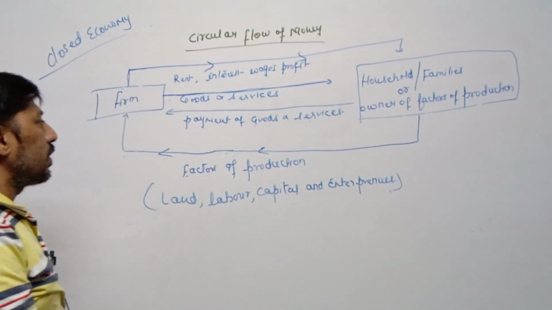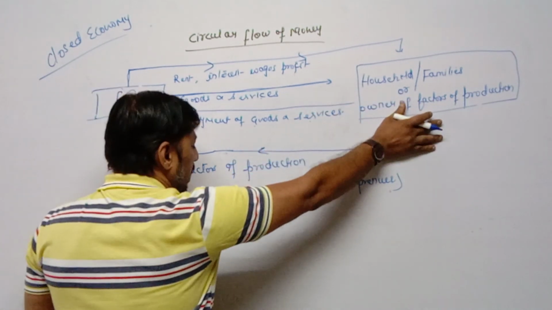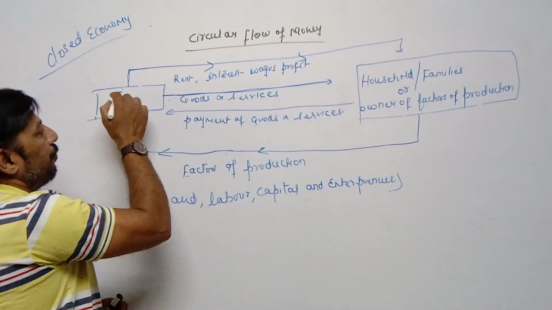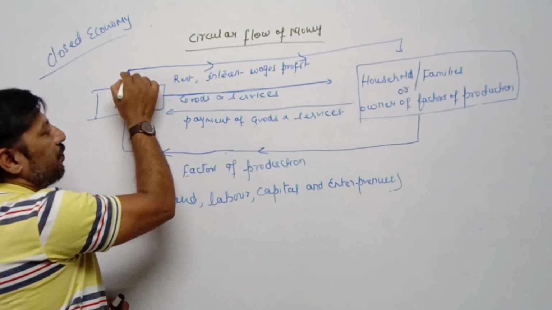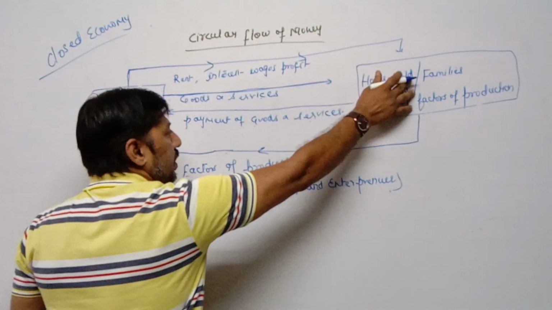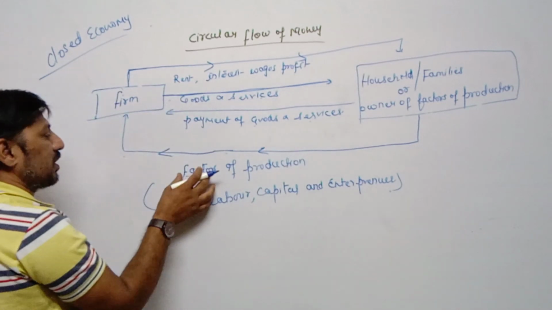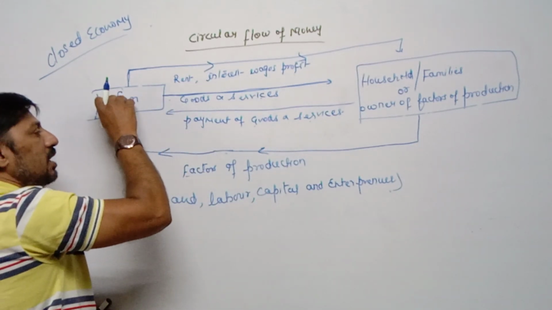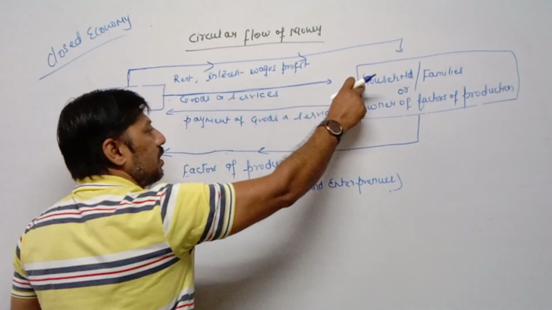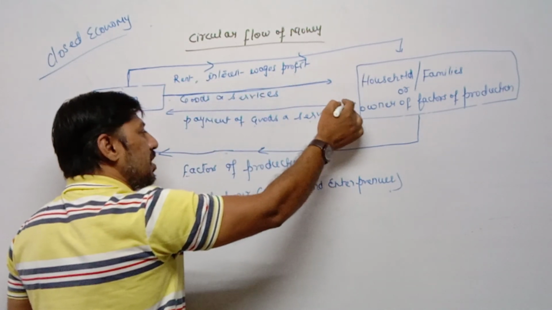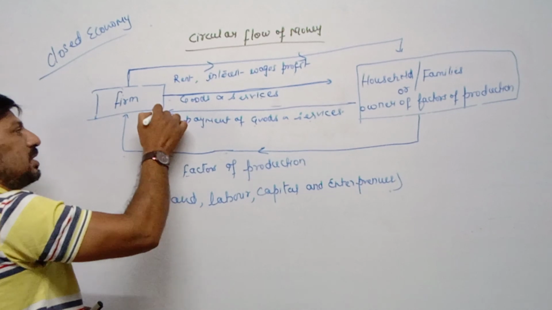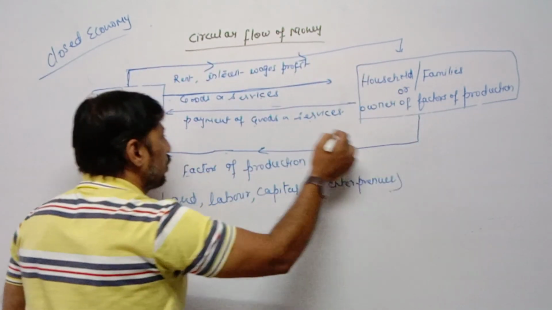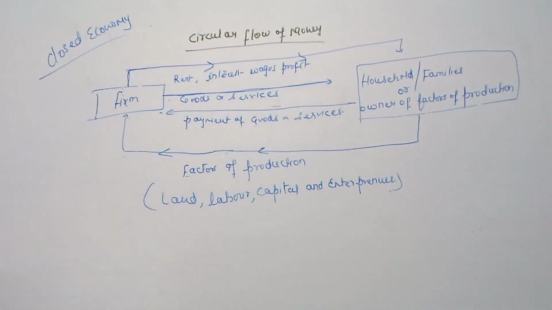First of all, they provide factors of production to firm. In return, firm makes payment, so money flows from firm to household. Then with the help of these factors of production, firm produces goods and services and supplies them to household. In return, households make payment for those goods and services. Means money flows first from firm to household and then from household to firm. This is called circular flow of money.